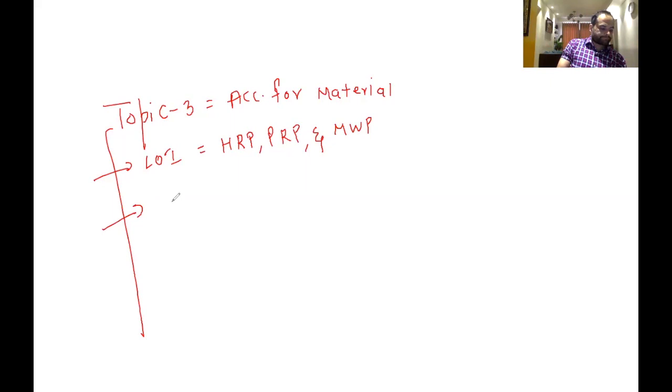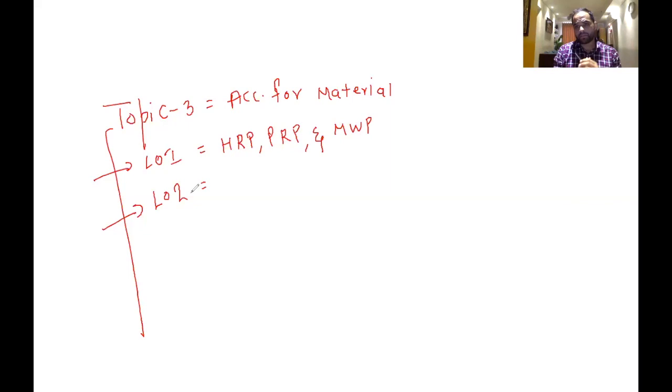Then learning outcome 2, which is about specific procedure to control labor costs. How are we going to record the labor costs? What kind of forms do we have to fill in order to record the labor costs in our accounts, right? Like labor timesheets and payroll records, employees earning records, and so on.